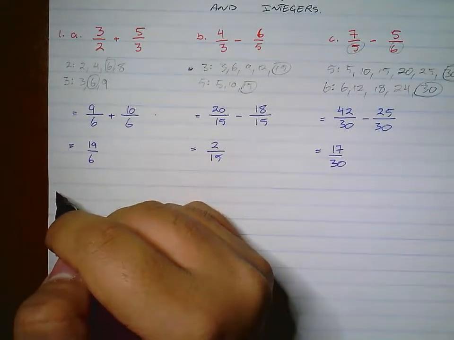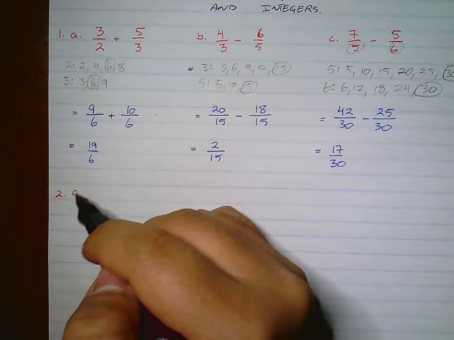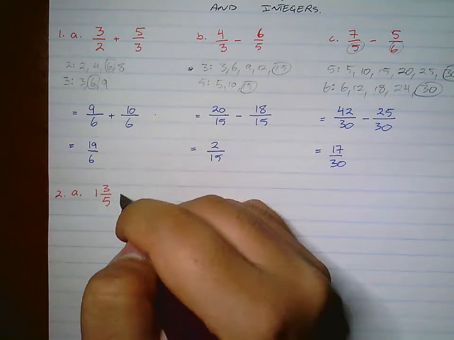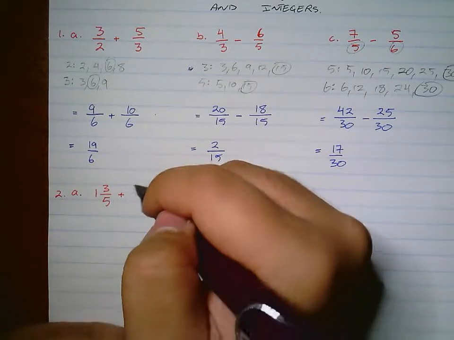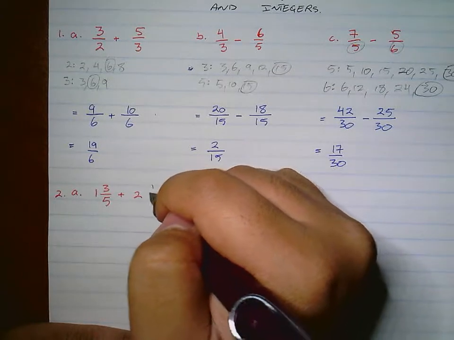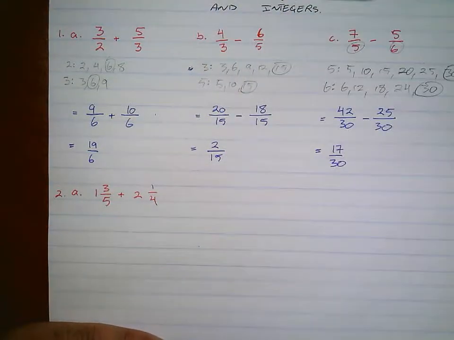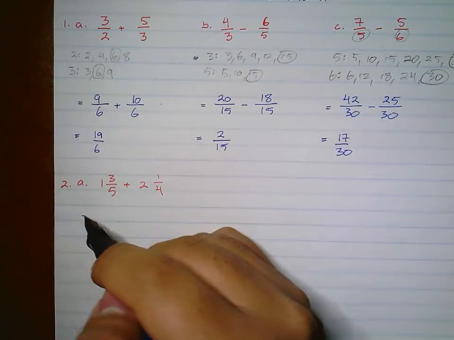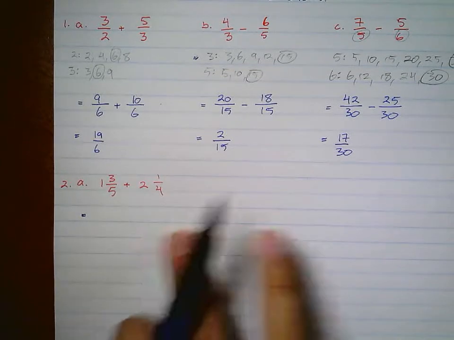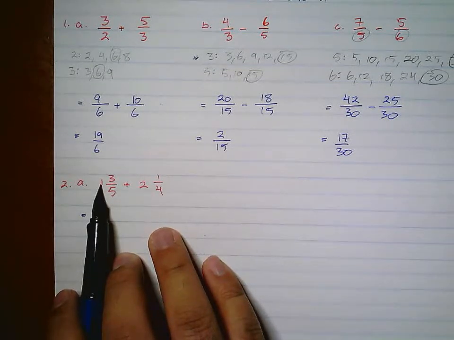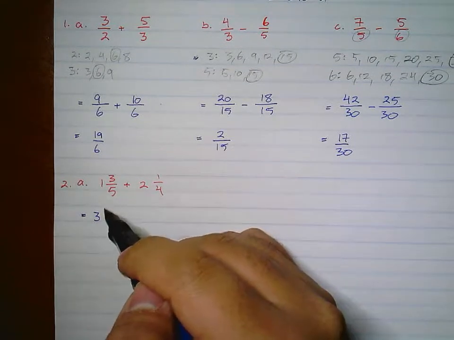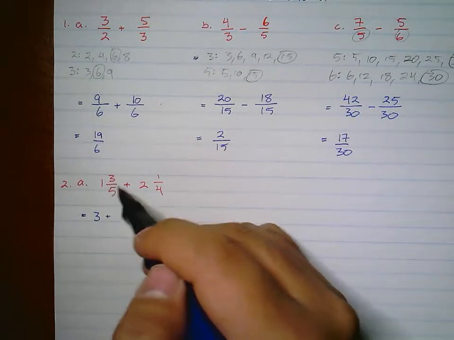Now once we have mixed numerals or mixed fractions, let's take, for example, 1 and 3 fifths, adding 2 and 1 quarter. What we actually do is we focus on two different parts. We focus first on the whole numbers, so 1 plus 2 is 3.